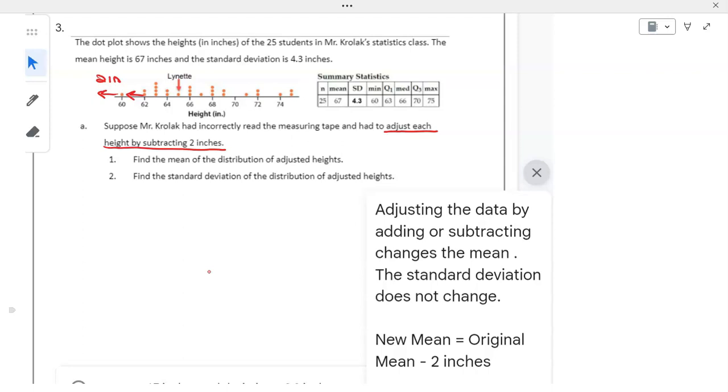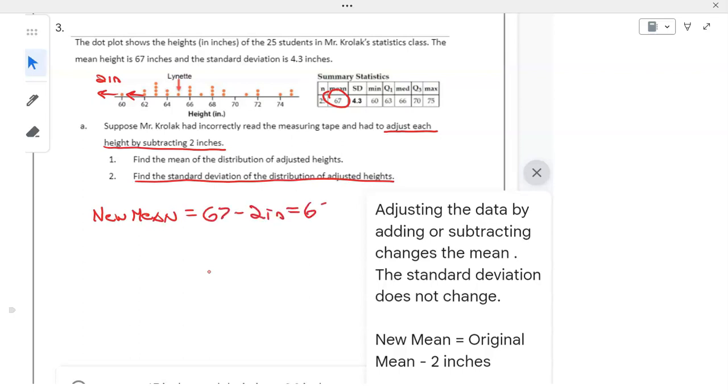Okay, when you adjust by adding or subtracting, in this case I'm subtracting 2, it changes the mean, but the standard deviation does not change. So when we look up here, our mean is 67, so the new mean is going to be the old mean minus 2 inches.